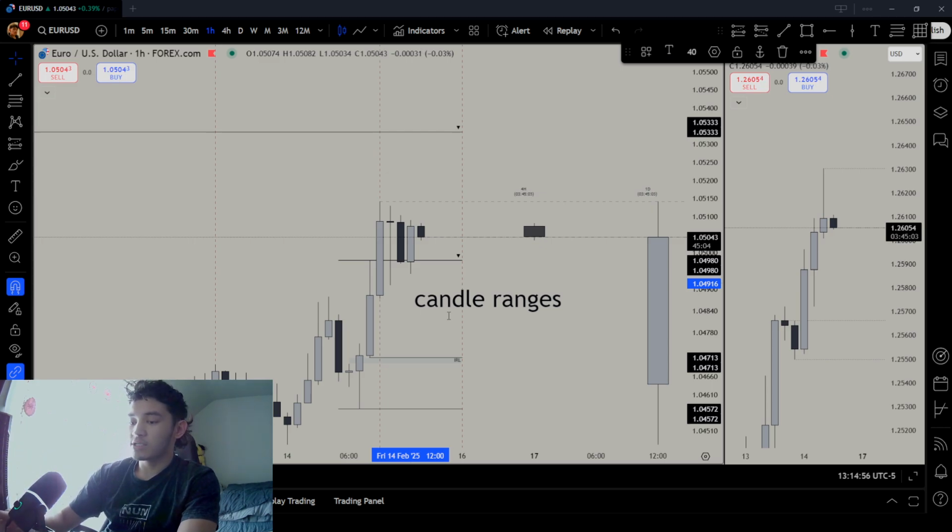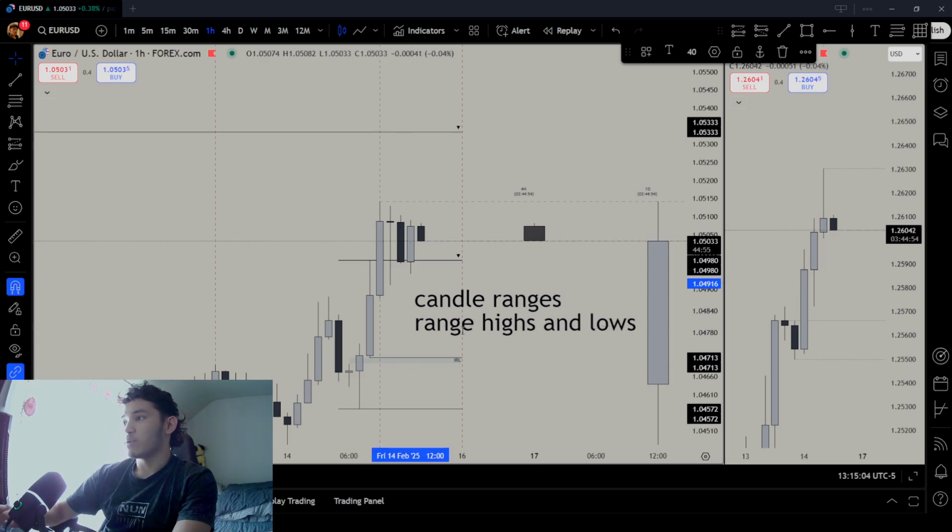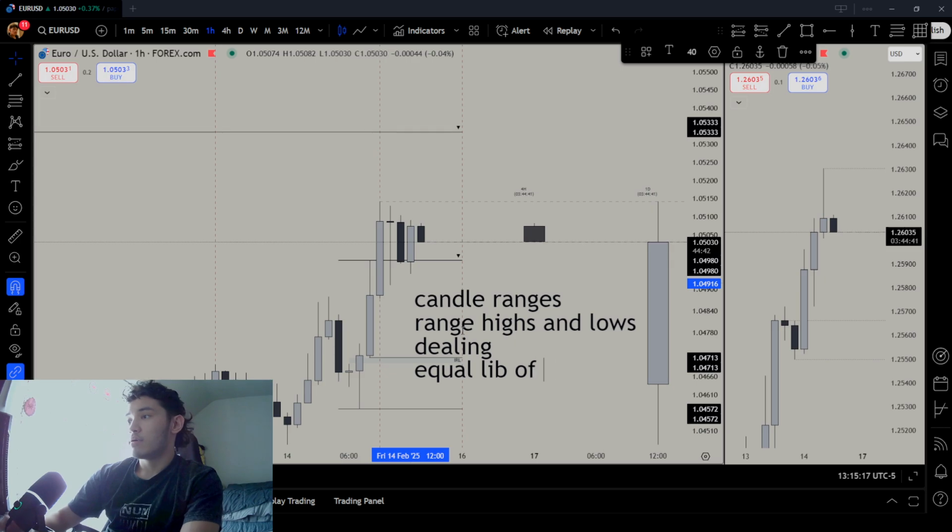So go to the next one, which is range highs and lows. This is basically the range dynamic, highs and lows. The next one is the dealing range, which is a form of drawn liquidity. Next one is equilibrium, the equilibrium of the dealing range, right?